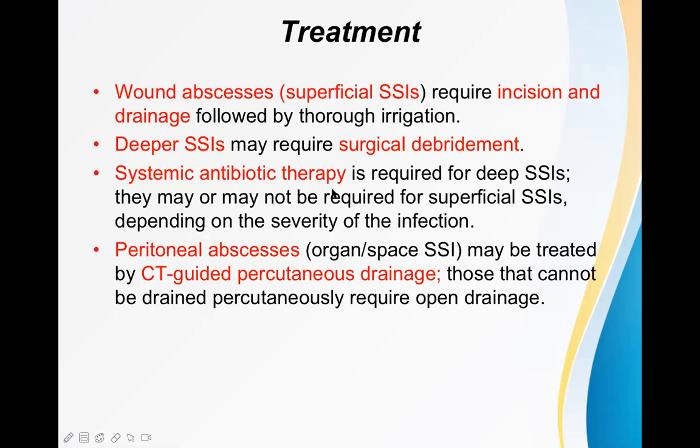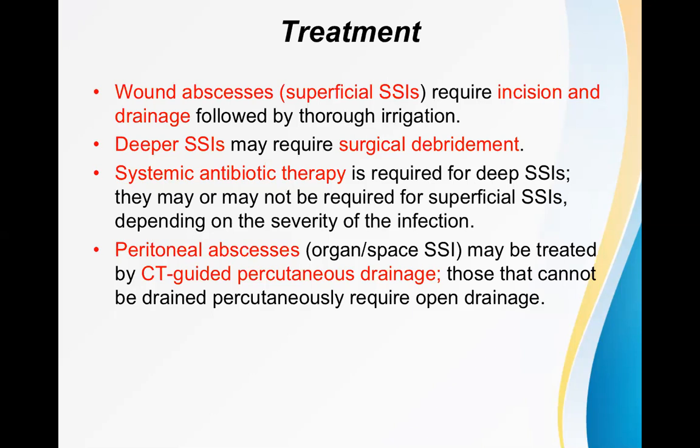Systemic antibiotic therapy is required for deep surgical site infection. There's no doubt about it. We have to give a good coverage of antibiotic. But it may or may not be required for superficial surgical site infection. It depends on the severity. Very easy to understand.